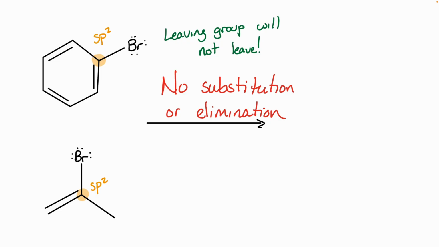These cannot be backside attacked in the same way that our sp3 hybridized carbons can. They also do not form stable carbocations like our sp3 hybridized carbons can. So these are not going to have any substitution or elimination reactions. You're not going to be able to remove this leaving group from an sp2 hybridized carbon.